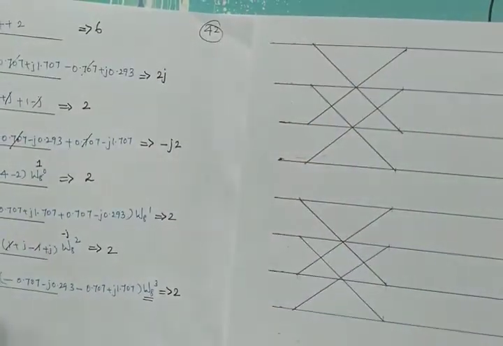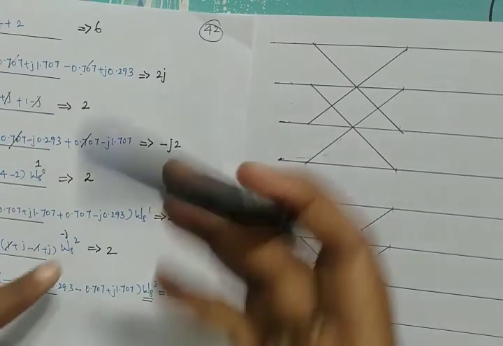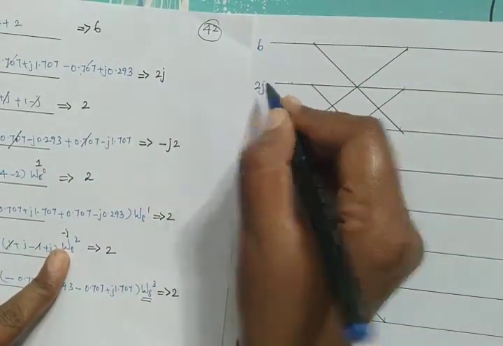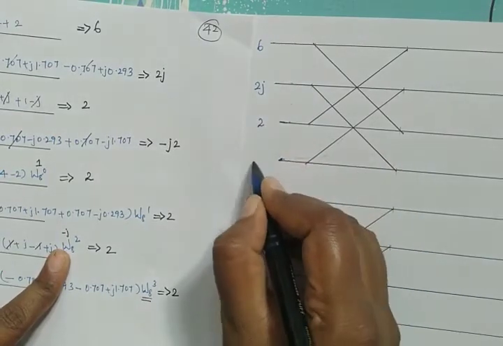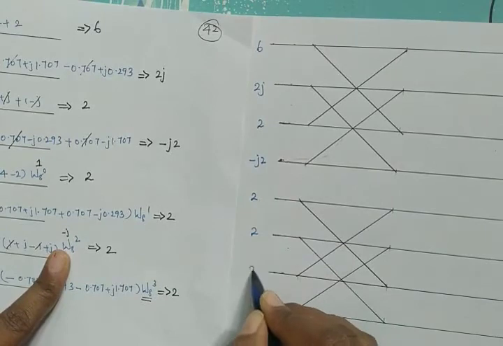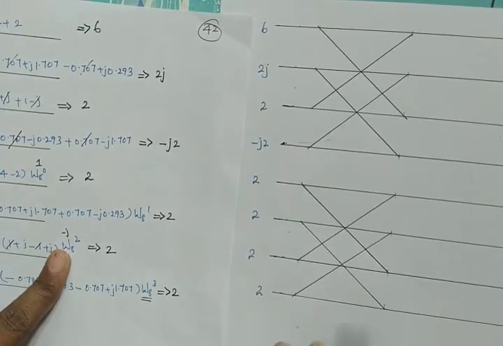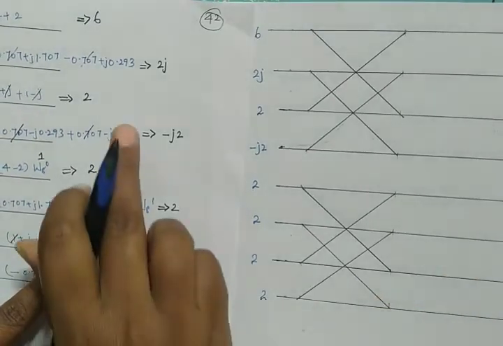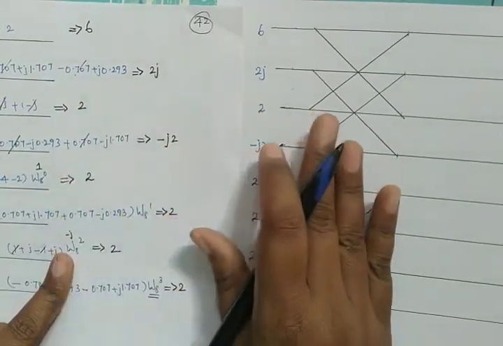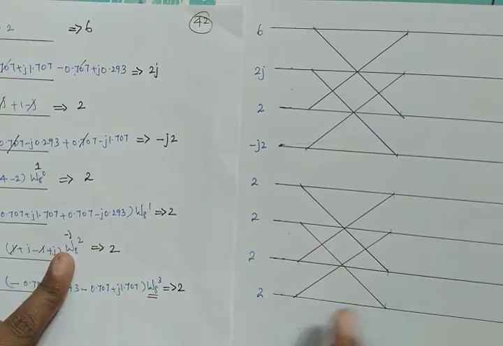So here it is 6, and here it is 2j, here it is 2, this is minus j2, 2, 2, 2, 2. So what we did is I have copied this answer, that is the output of the first stage, and this is given as input to the second stage butterfly.